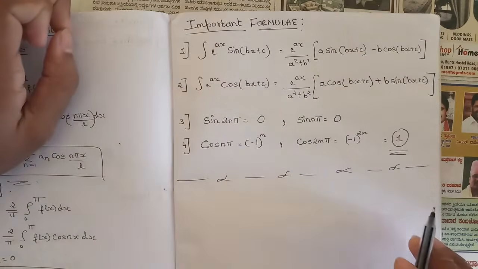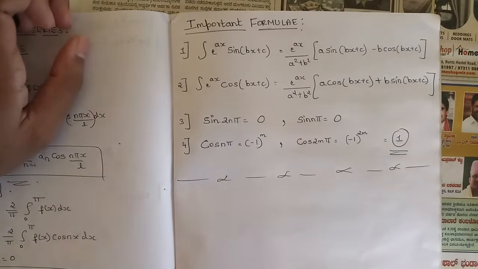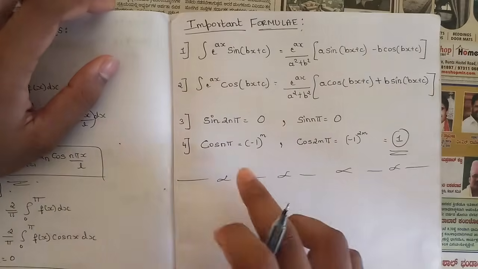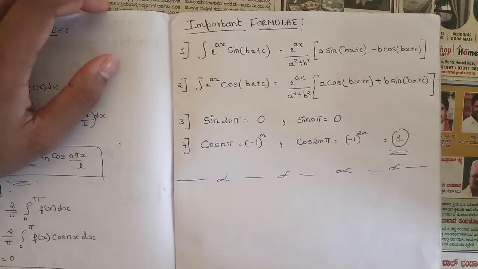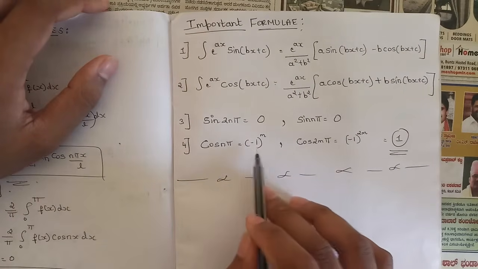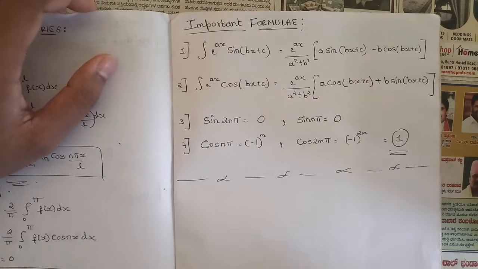Okay. So now we have the formula for cos n pi. I have not told you about this, but we have applied this formula in many problems before. So I am going to tell you now how it works. Cos n pi is equal to minus 1 to the power n. How has this come? We know the value of cos 0, that's 1.